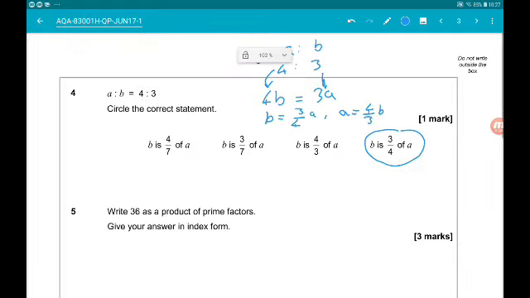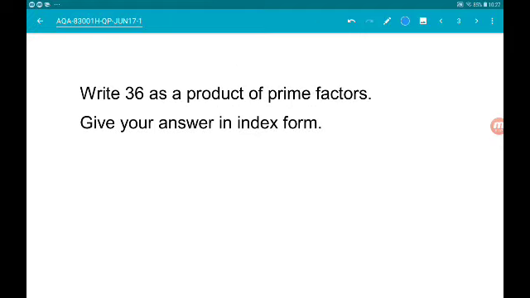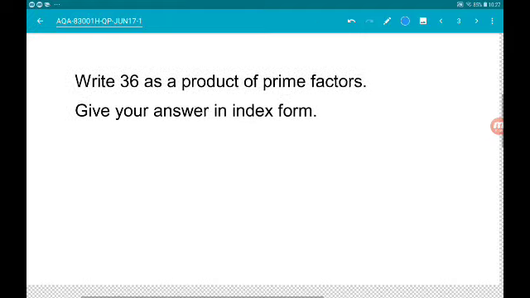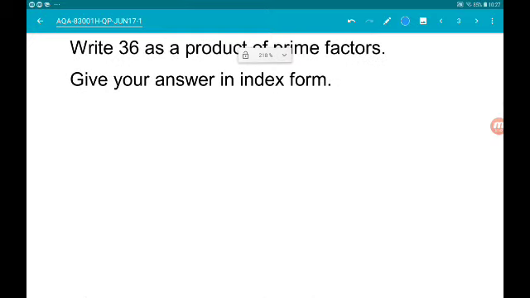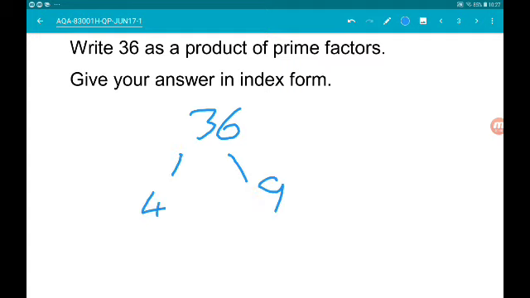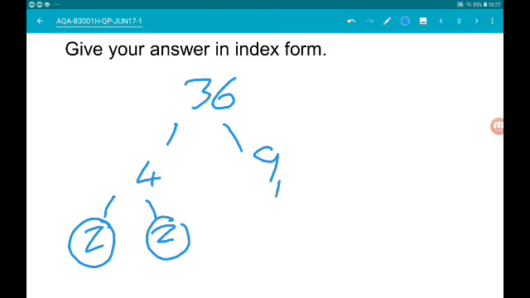Cool. Question 5 wants us to write 36 as a product of its prime factors. So 36 we can say is 4 times 9. 4 is 2 times 2. 2 is prime, so circle it. 9 is 3 times 3.